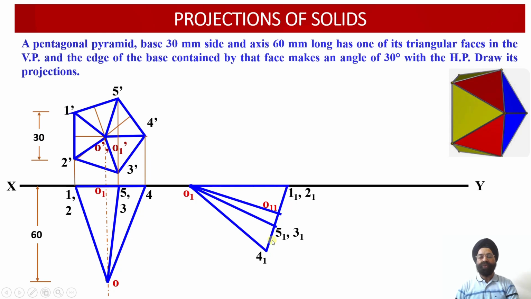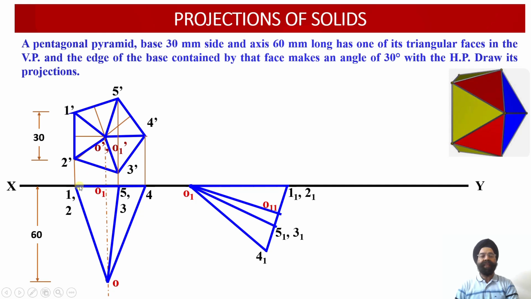So the moment we obtain this triangular figure, from point 4 or from point 1 or 2, we know the distances of the points O1 and 5, 3 over here. So we can mark this distance between 1, 2 and O1. The moment we mark this distance over here, we'll be able to locate point O1, 1.